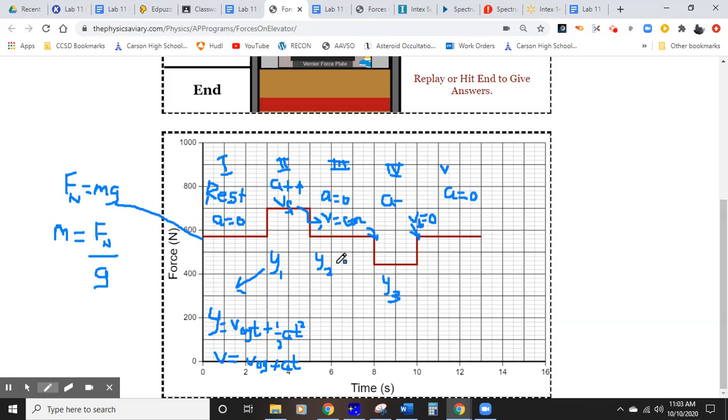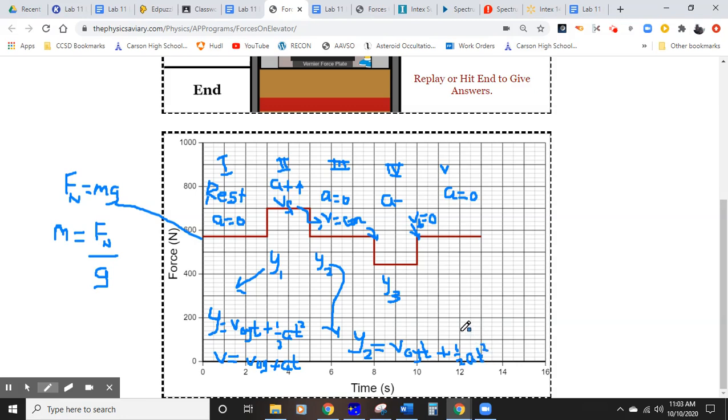Now, y2, let's take a look at y2 here. Let's go ahead and slide it down here. So y2 is in the second region here. We're going to have v0y times t plus 1/2 a t squared.